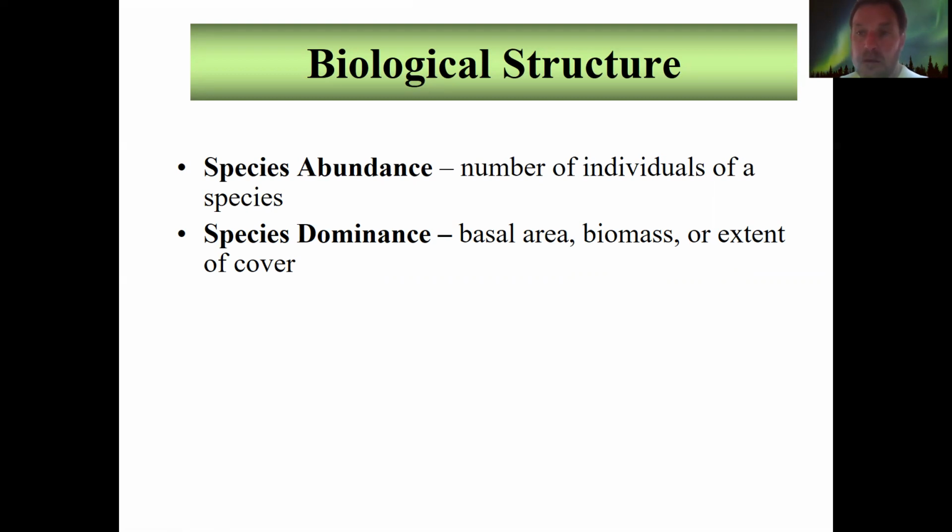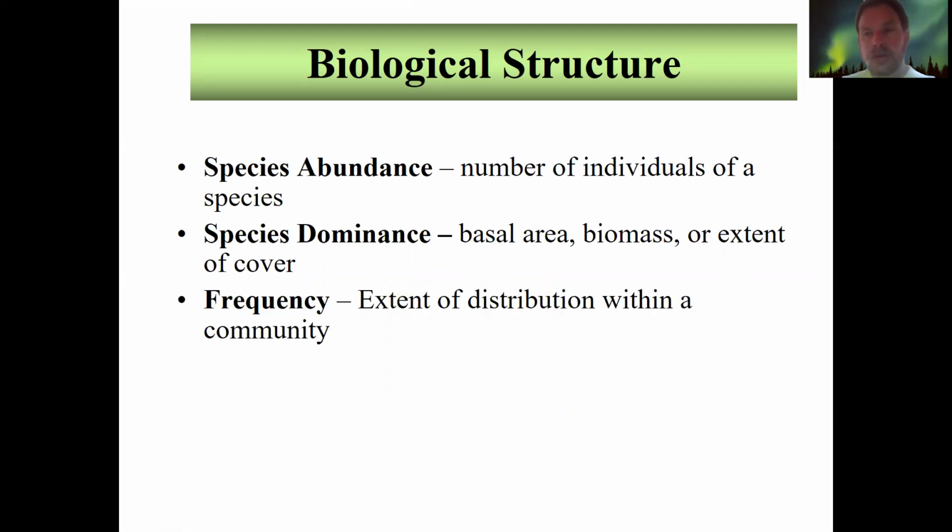How much do they weigh, biomass? Or how much of the area do they cover, like canopy cover? Frequency is how well distributed the species are in the community. Do species only occur in a small little corner of the community, or are they found throughout?